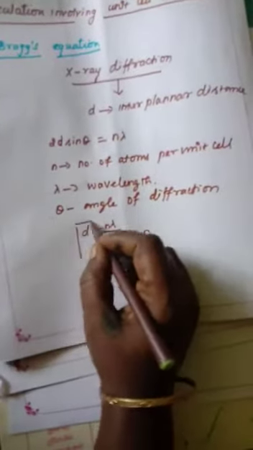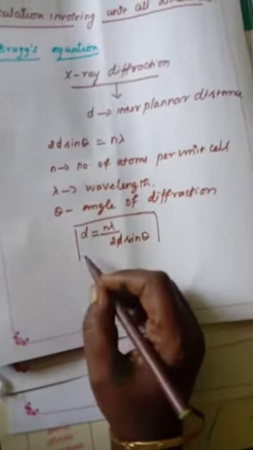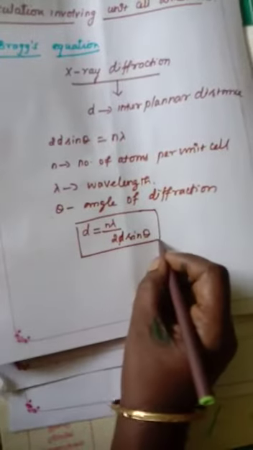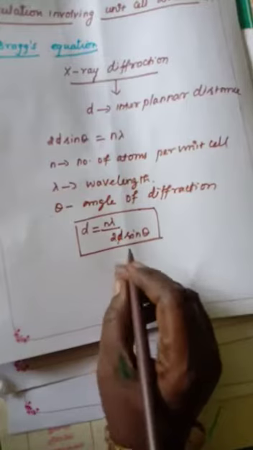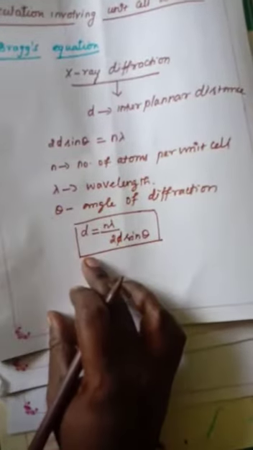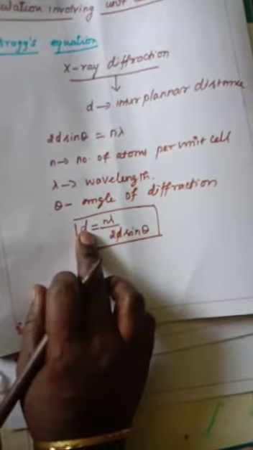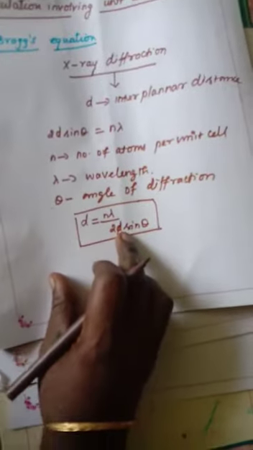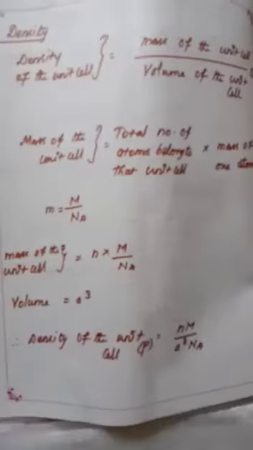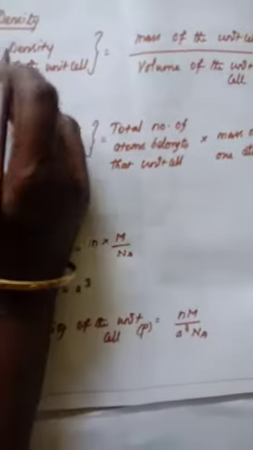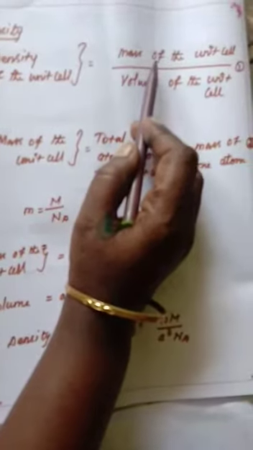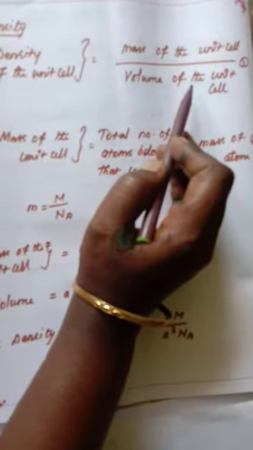By using this d value, we can calculate the values of the edges of the unit cell. From that, we can calculate the density of the unit cell. Generally, density is given by the mass of the unit cell divided by the volume of the unit cell.